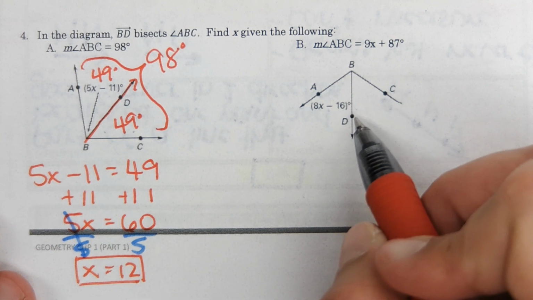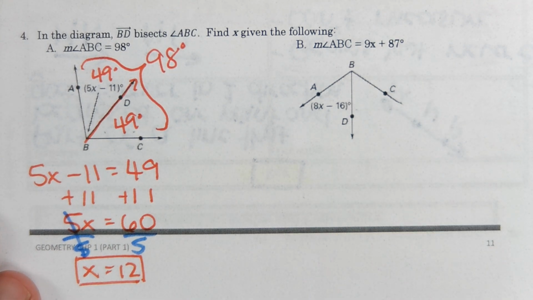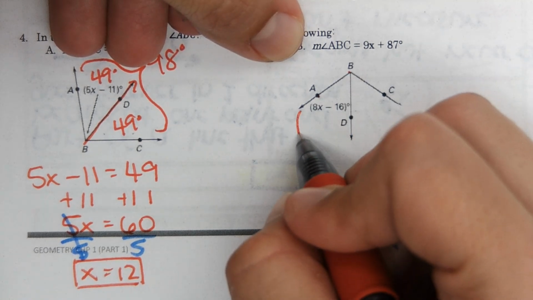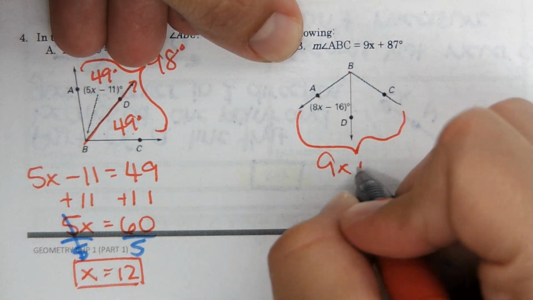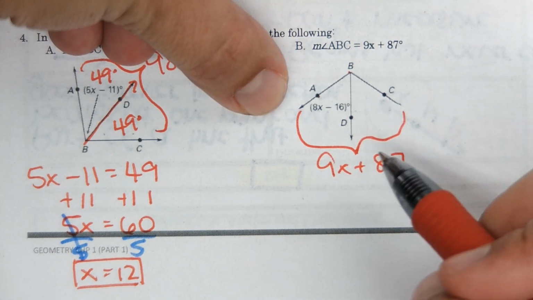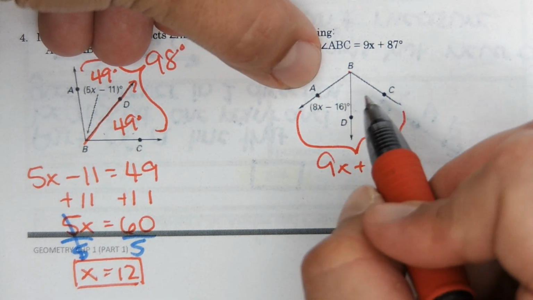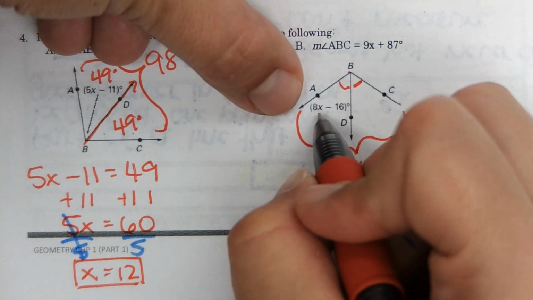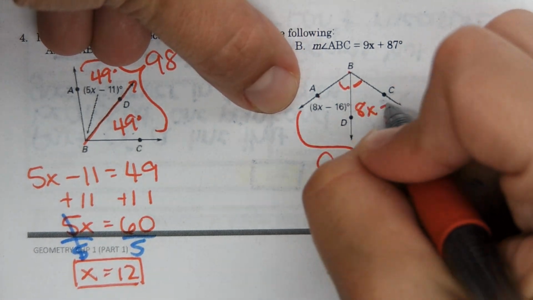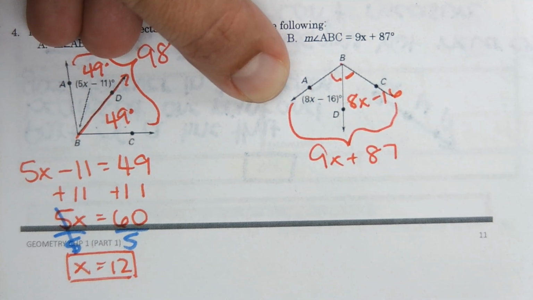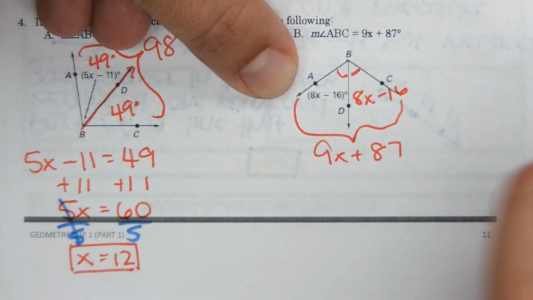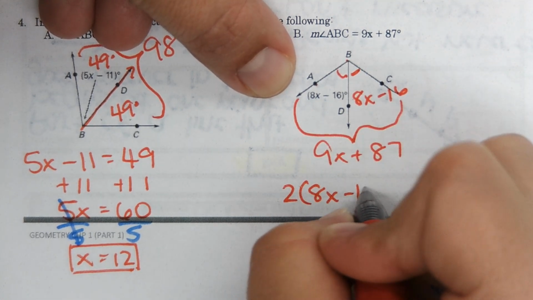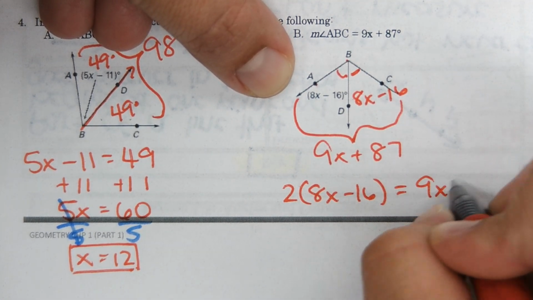Then the last one right here, it says ABC. So ABC is the whole thing, is 9x plus 87. And we need to find x. Well, since this is an angle bisector, and these two are the same measure, then 8x minus 16 is also right here, 8x minus 16. Then to solve this, I could say 2 of these equals this. 2 times 8x minus 16 equals 9x plus 87.